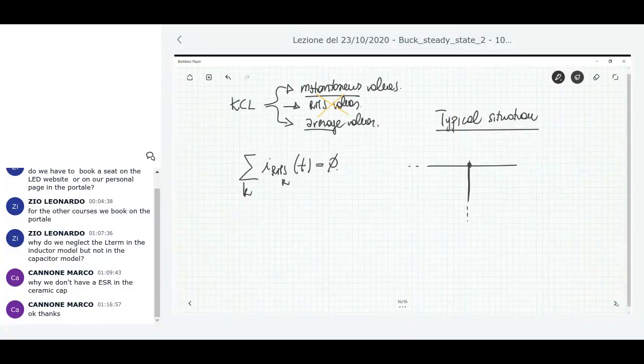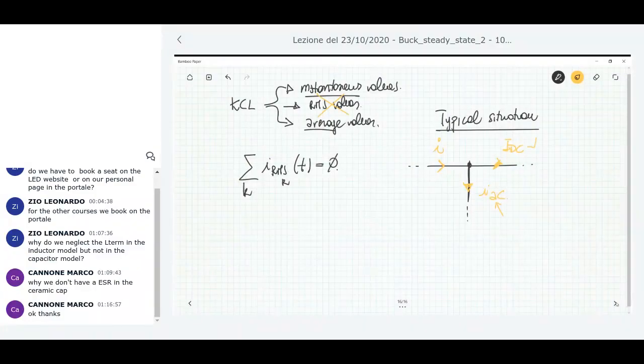I don't know what components are connected to this node, but what I know is that here I have a current I. Here I have a current which is constant, so DC. And here I have a current which is just AC. Look at the capital letter for indicating a DC quantity, and the small letter, with a subscript, to indicate something that is just AC. So here you don't have any DC. Here you don't have any AC.